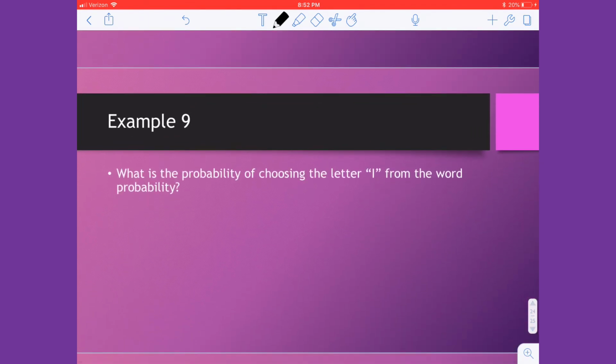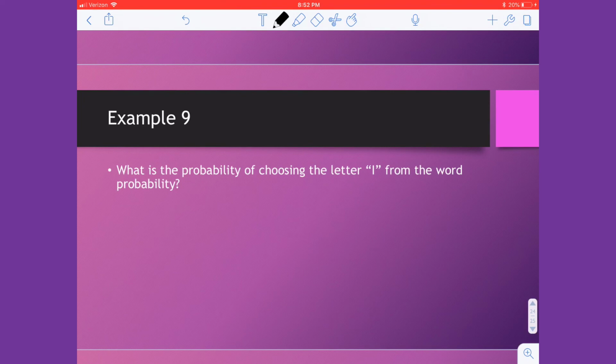What is the probability of choosing the letter L from the word probability? Well, there is 1 L out of 1, 2, 3, 4, 5, 6, 7, 8, 9, 10, 11. However, we actually need to recount because we're counting letters that repeat twice, and that's not what we should be doing.